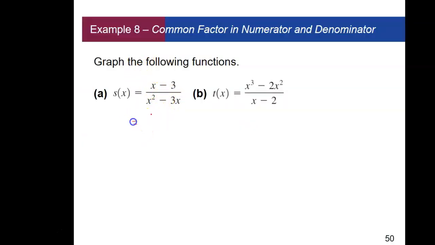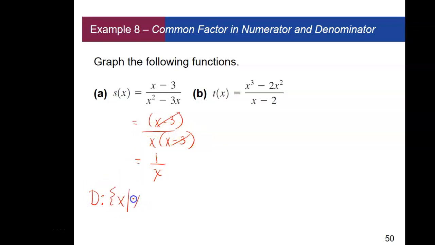So I have two that I want us to look at here. This first one, if I factor the denominator, then these two are going to cancel. So my reduced function is going to be 1 over x. So if I'm looking at any domain restrictions, I still go back to here before I ever canceled anything out.